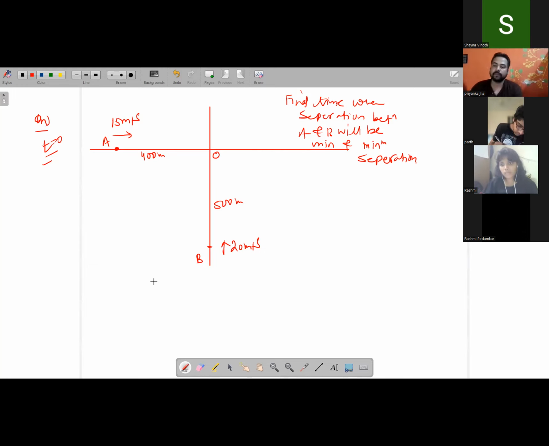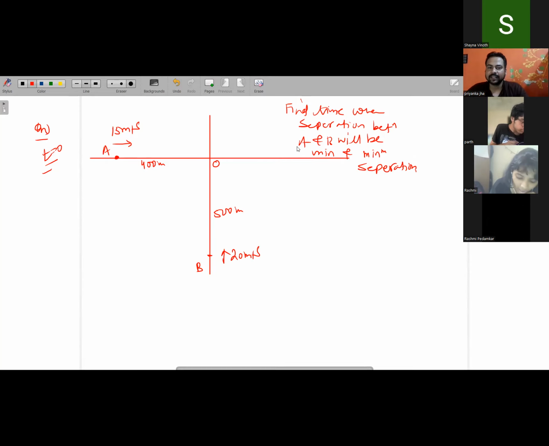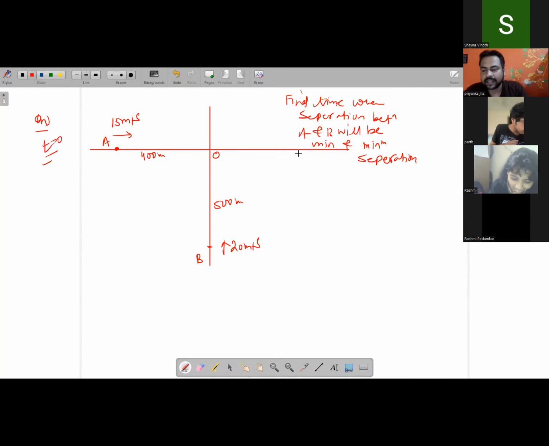Parth, Devyani, Rashmi, Abro, Shagnik, Shreya. 5 seconds. How much? 25. No. It should be 25.6. Sir, why 25.6? Right. Anyone else? Abro, Archit? No, no one. Shabash.